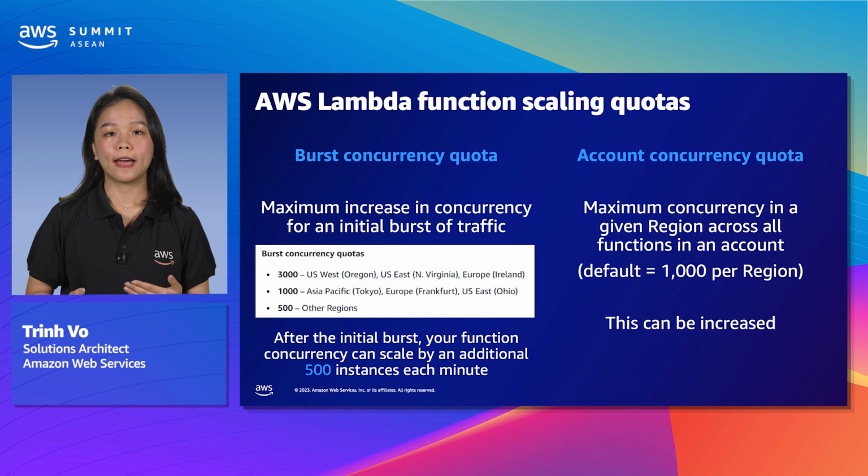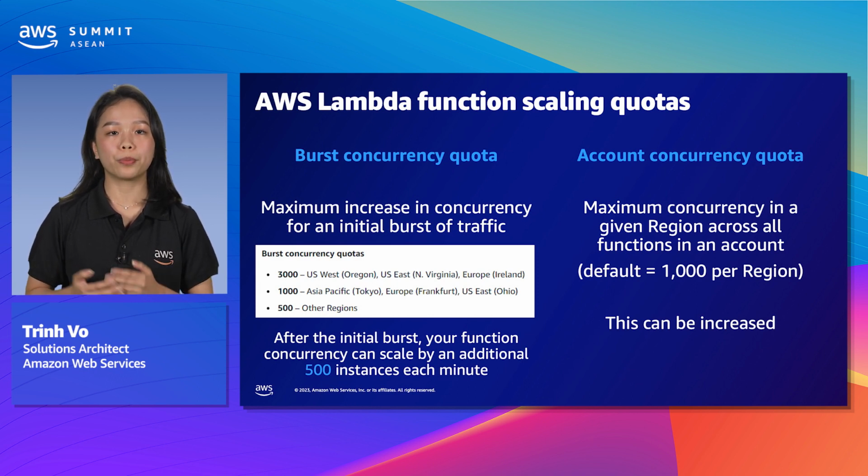We have mentioned that reserved concurrency is allocating concurrency for the particular function from your account's quota. It's important that we understand the different types of Lambda scaling quotas. The burst concurrency quota gives you an initial burst of traffic for each function between 500 and 3,000 per minute, depending on the region.